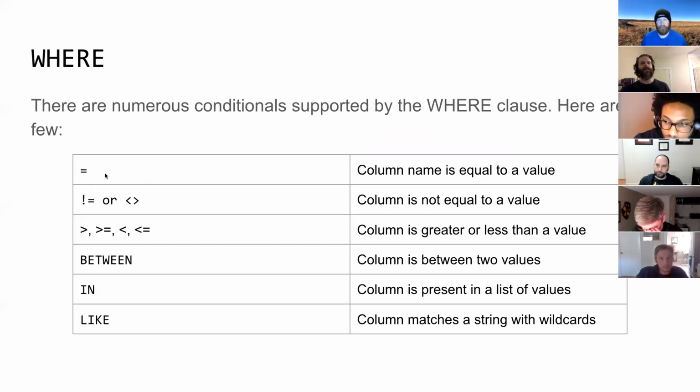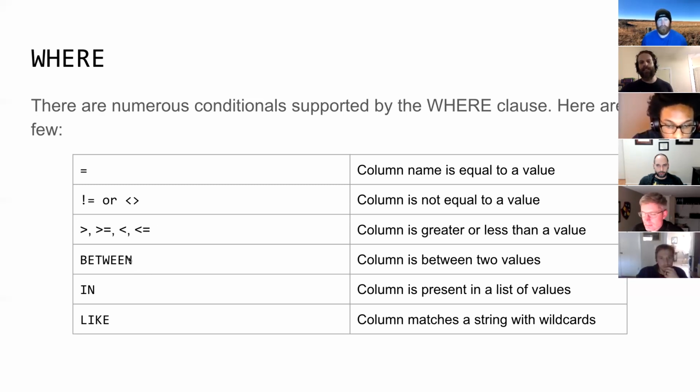Okay, so where, one thing is that a single equals can be used for comparison. Though in Python or JavaScript, you have to use double equals to do a comparison. In SQL, a single equals works. Not equal should be familiar. Less than, greater than, that's also familiar.